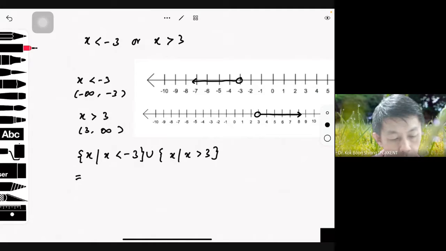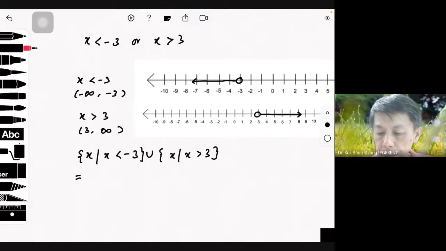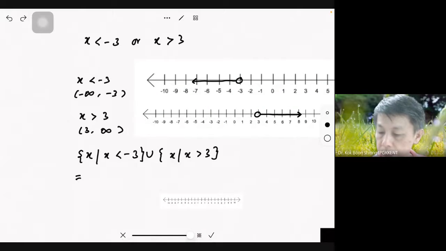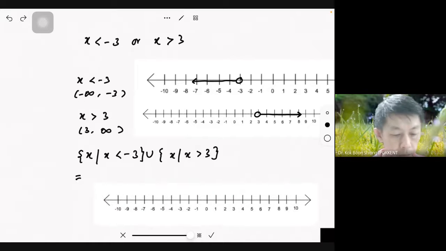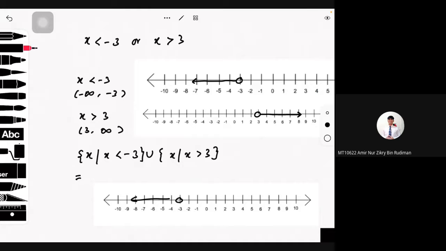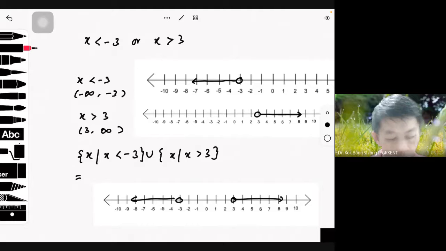So how is the graph? The graph only looks like this when we combine them.